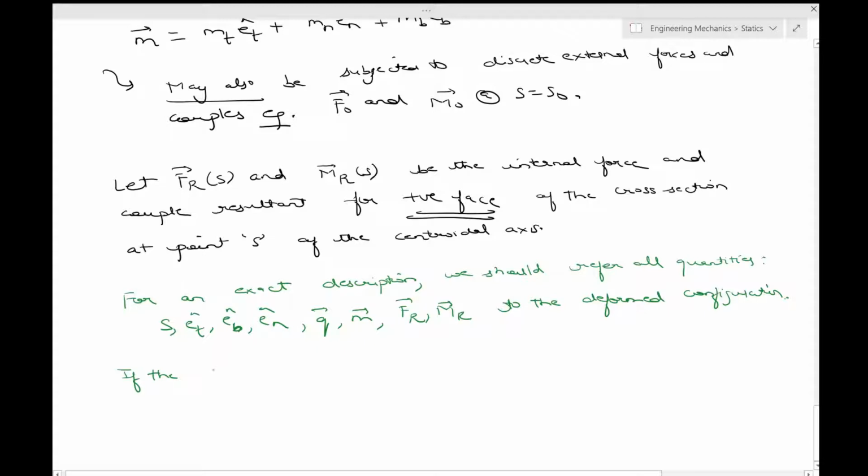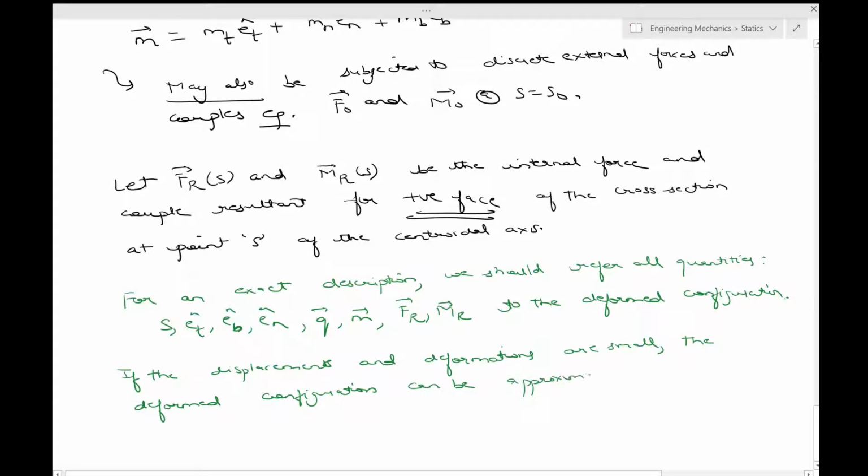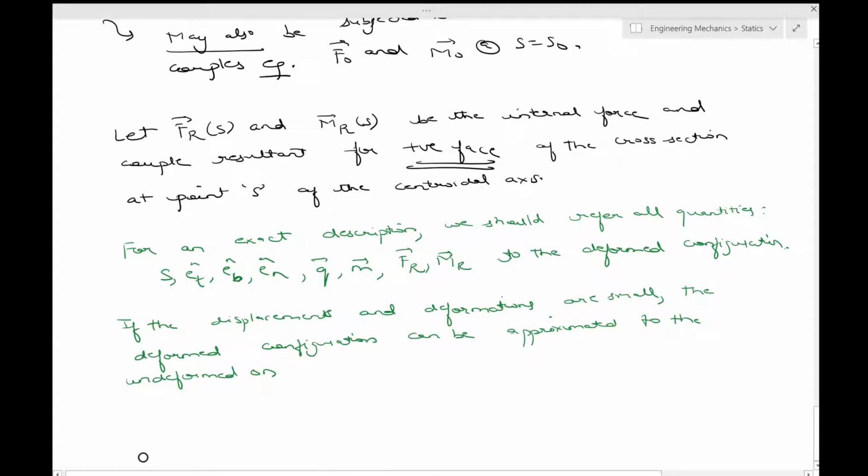If the displacements and deformations are small, the deformed configuration can be approximated by the undeformed one.